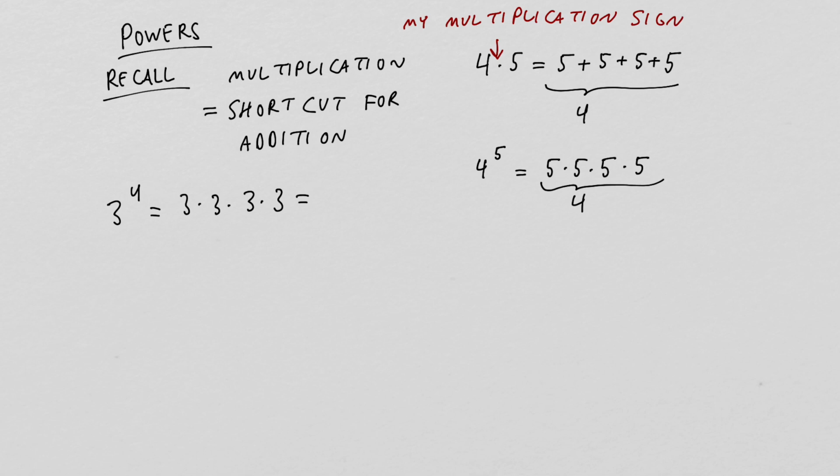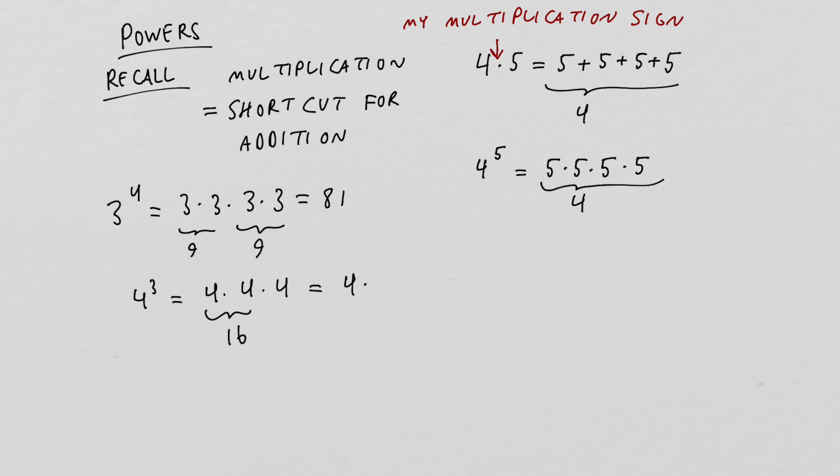Well, how to calculate this? This 9 and this 9, so 9 times 9 will give 81. 4 to power 3 on the other hand would be 4 times 4 times 4. Well, 4 times 4 is 16, and 4 times 16, maybe I calculate in this way.